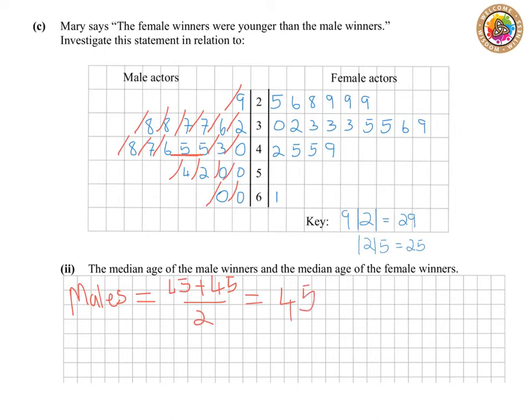And so let's have a look and investigate our median age for female actors. So again, we'll start with the smallest, so that's 25, and our biggest is 61. Our next smallest is 26, and our next biggest 49. 28 and 45, 29, 45, 29 and 42, 29, and our next biggest being 39.